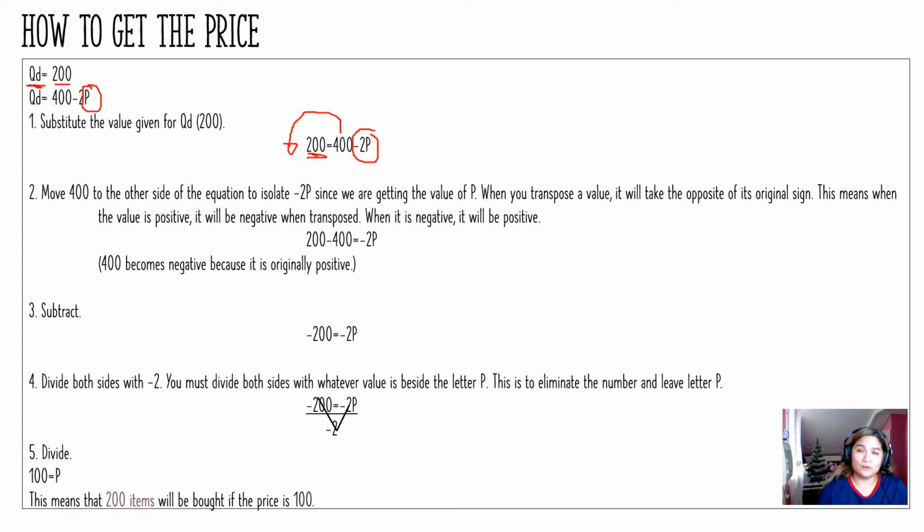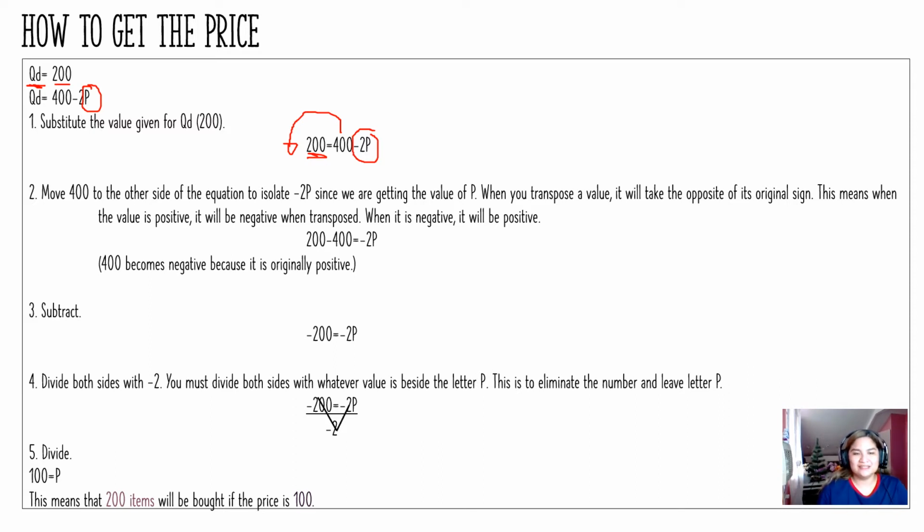Whenever you are transposing a value, this value will get the opposite sign. So let's say, for instance, what you transferred is negative 400. When you transfer it, it will be positive 400. In this case, we transposed 400 with a positive sign, so it became negative.